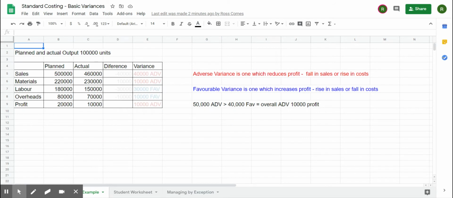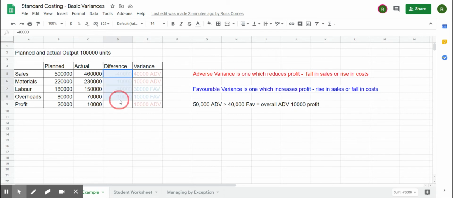Very simple example here of what we mean by variances. Okay, we've got a firm that's got a basic income statement with some planned information about what they want to do in the budget, and then to the right, it's got the differences. The differences are straightforward. It's just the difference between the planned and the actual output.